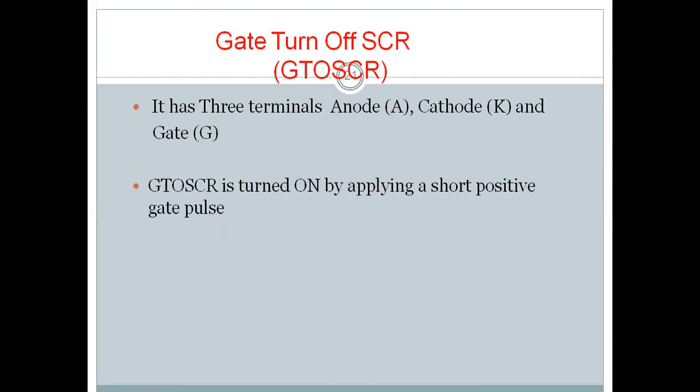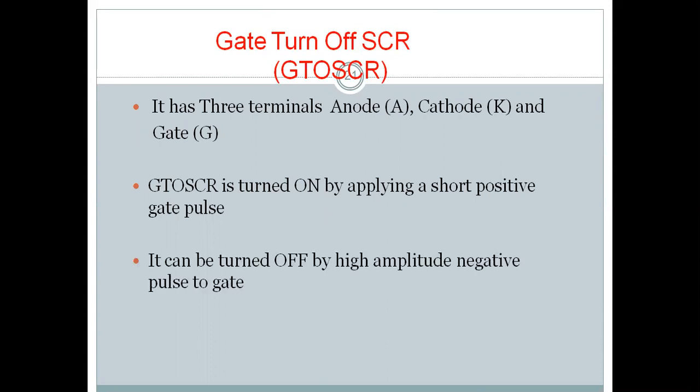It has three terminals: anode, cathode, and gate. GTO SCR is turned on by applying a short positive gate pulse. It can be turned off by a high amplitude negative gate pulse.